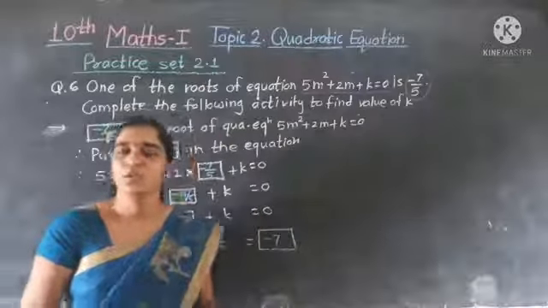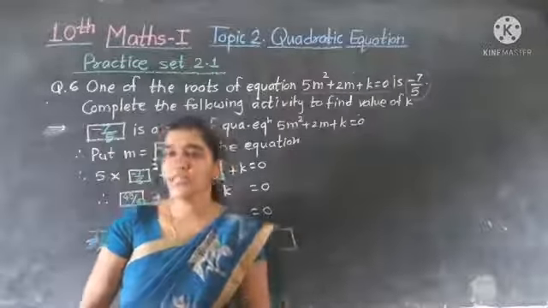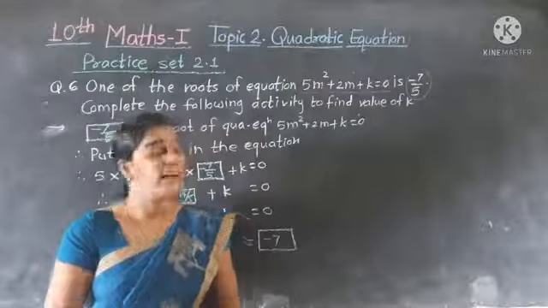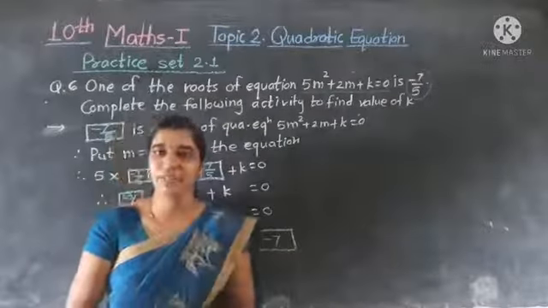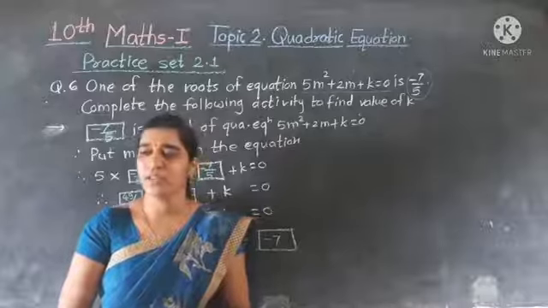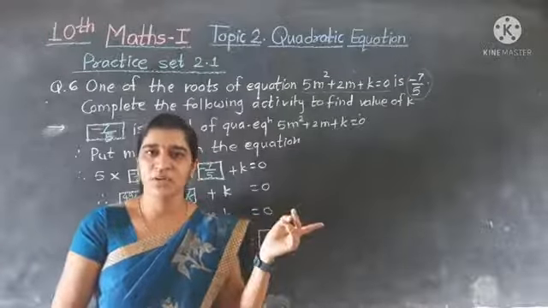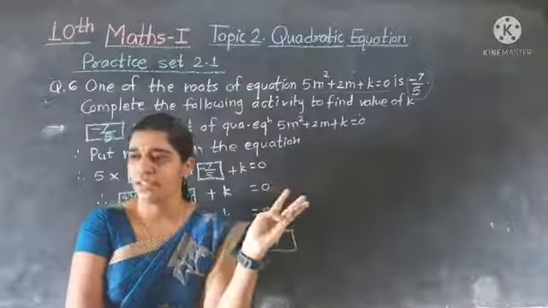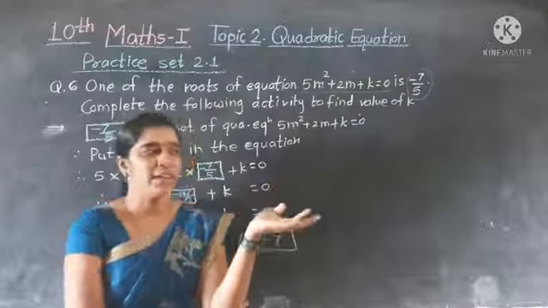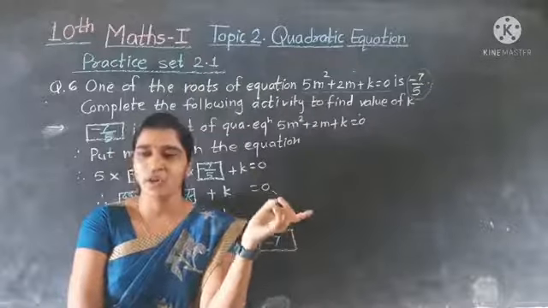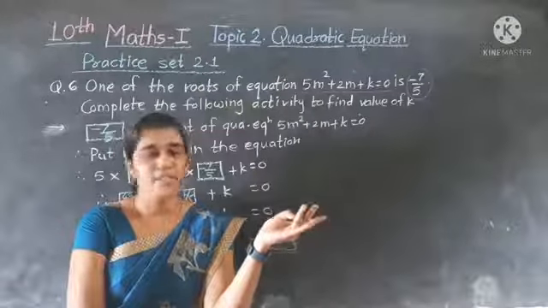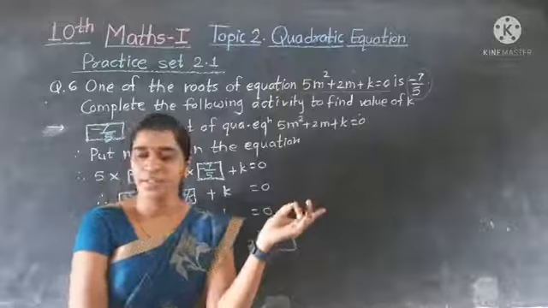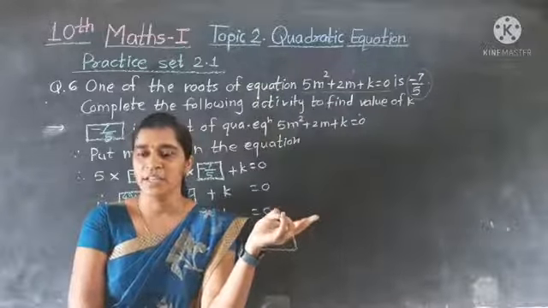Okay. So students, today in this video we started topic number 2, quadratic equation. In that we first saw the definition of a quadratic equation, that is, how we find whether the given equation is a quadratic equation or not by its degree. If the degree is 2, then it is a quadratic equation.